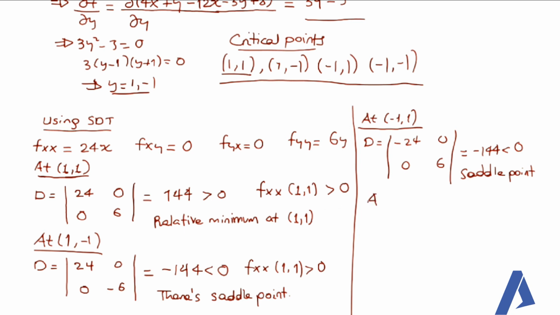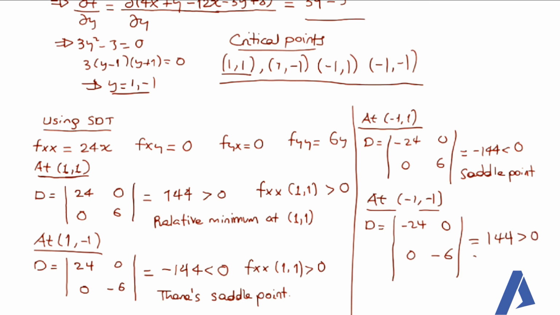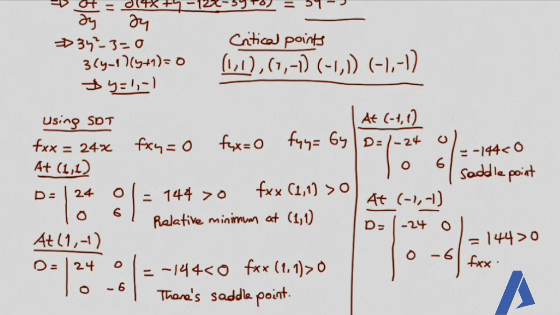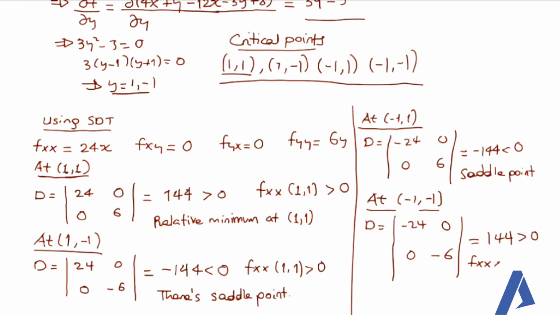And the final point, which is at minus 1, minus 1, our determinant will be equal to minus 24, 0, 0, and minus 6, which is positive 144, which is greater than 0. And the second partial derivative with respect to x is less than 0, which implies that there is a relative maximum at the point minus 1, minus 1.